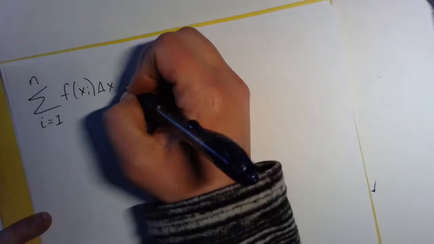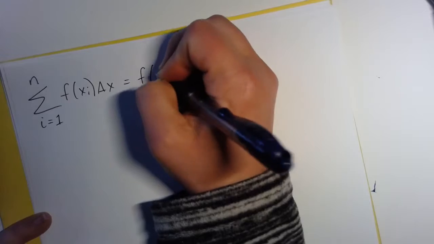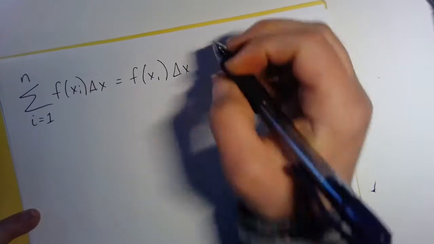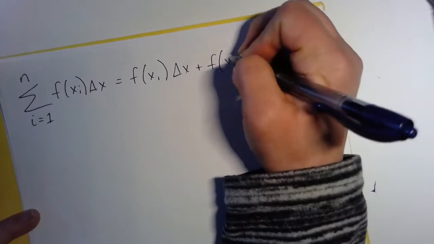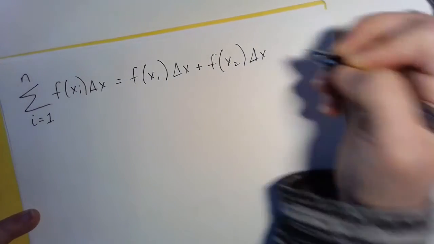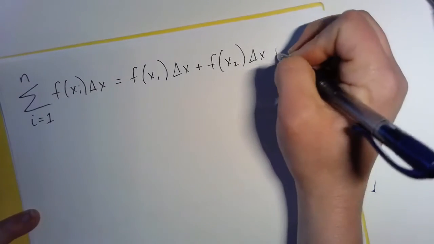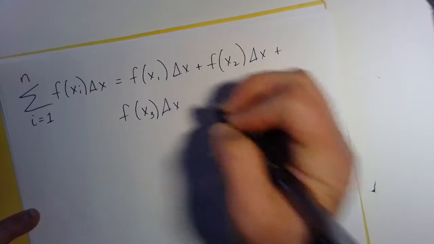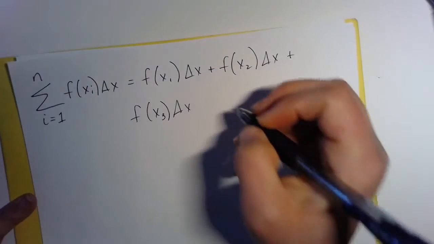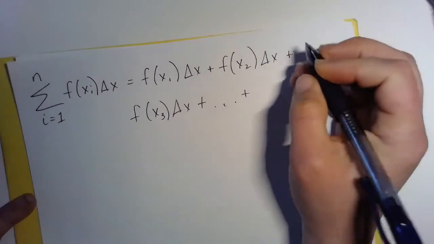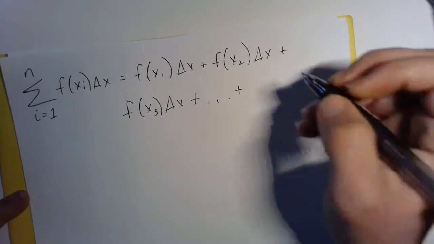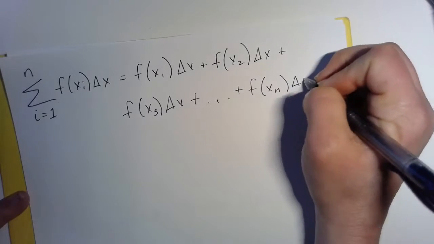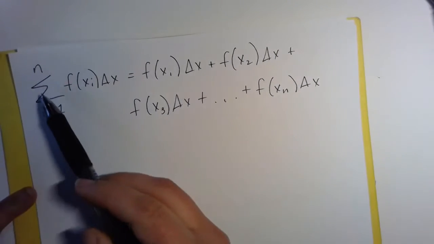So these will be f of x sub 1 times delta x, that's where I plugged in the 1, and then plus f of x sub 2 times delta x, and then a third one would be f of x sub 3 times delta x, and these would go on and on until I got to my last term, which is f of x sub n times delta x.